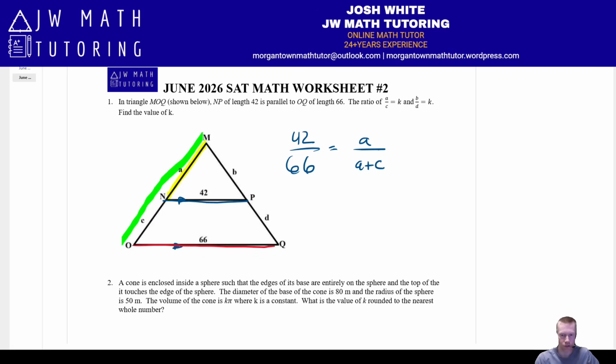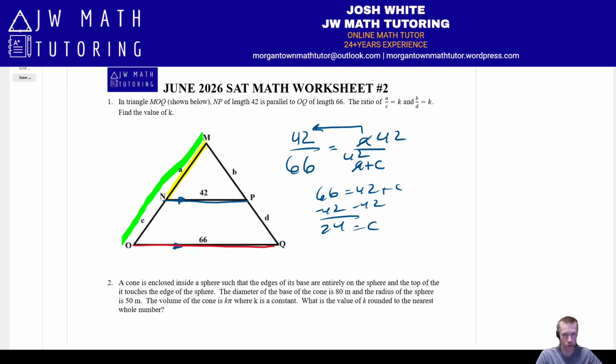So now looking at this proportion, if I set A equal to 42 and plug that in here, then I know the bottom has to be equal to 66, and therefore C has to equal 24.